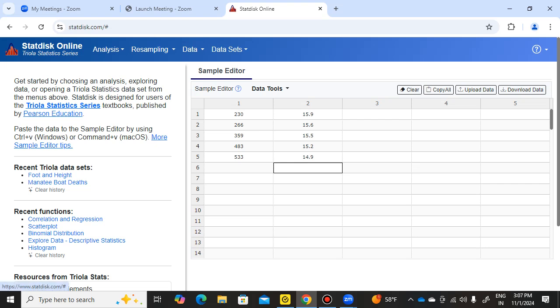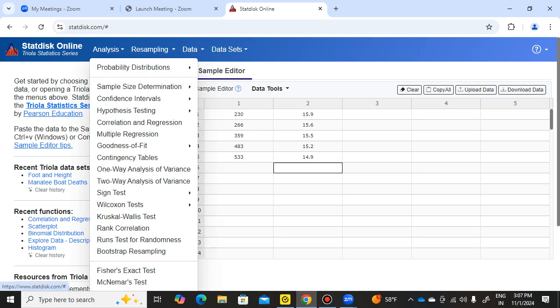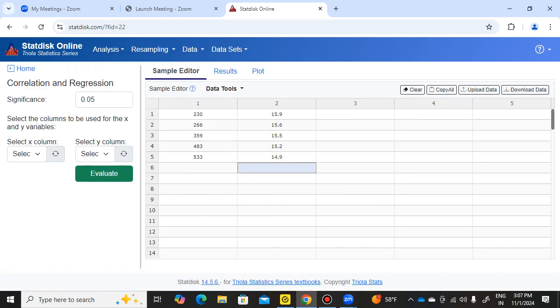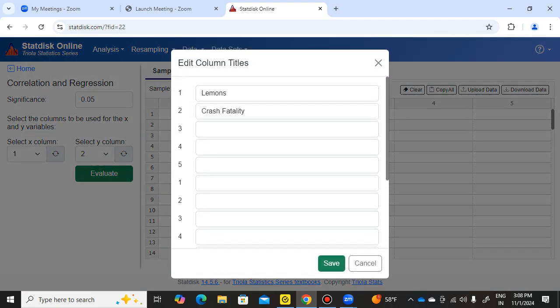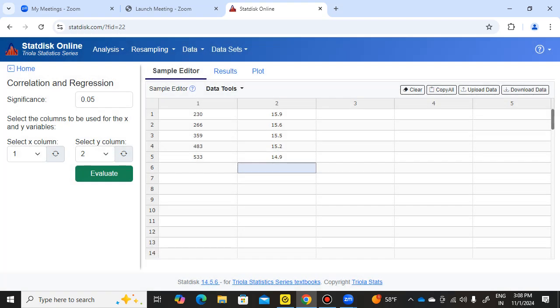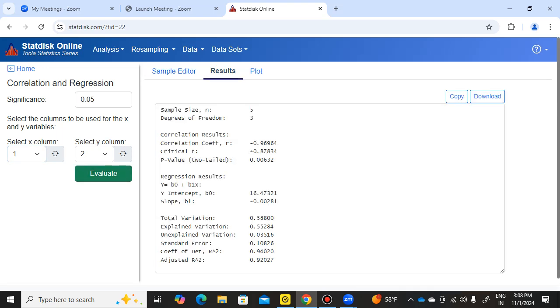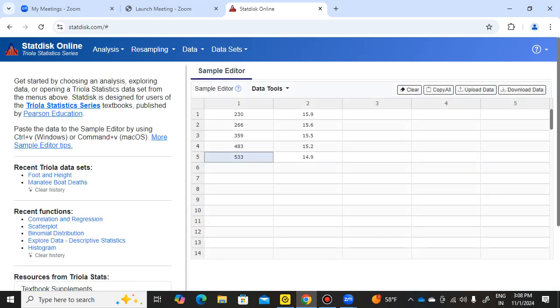And then before we do the analysis, let's look at the graph. So lemons, and save. Maybe that's too long. Let me see if I can do that.